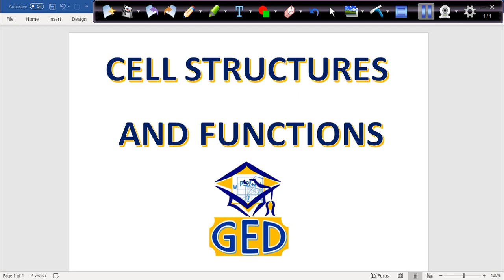Inside the cell membrane is the cytoplasm, a watery jelly-like substance that can include other cell structures. Finally, all cells have genetic material, which contains coded instructions for carrying out the cell's activities. In bacteria, the genetic material consists of a single molecule suspended in the cytoplasm.